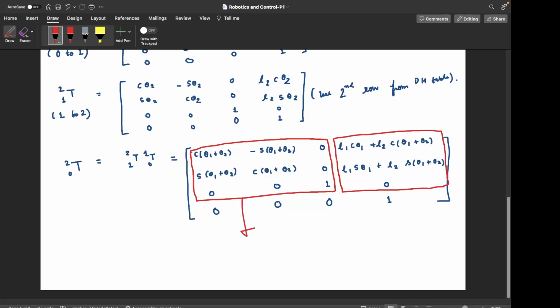So what is this? Orientation of the end effector, and this is position of the end effector, right?